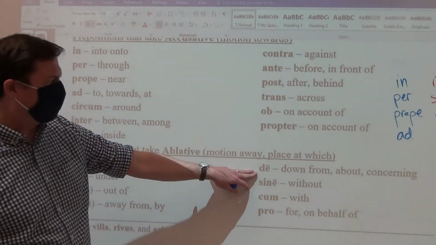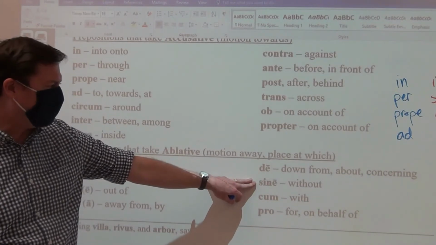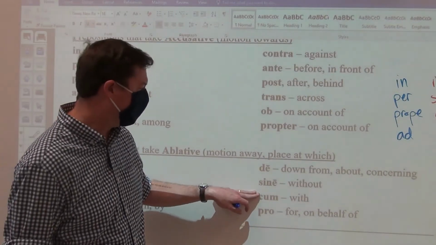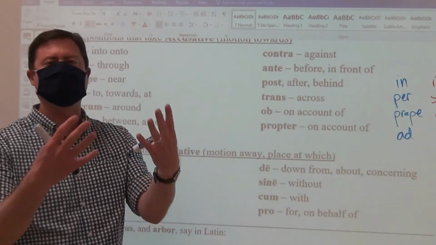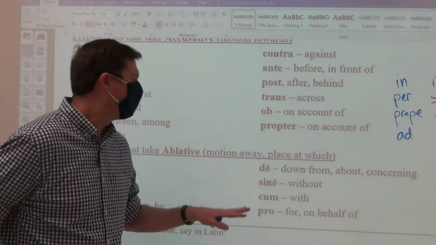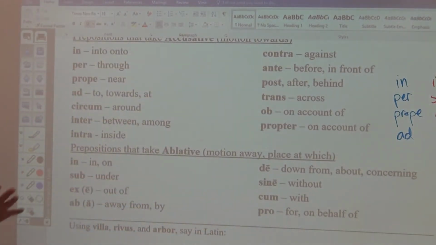De, down from, about or concerning. Sine, without. Cum, with. Pro, for or on behalf of. These prepositions all require their objects to be in the ablative.